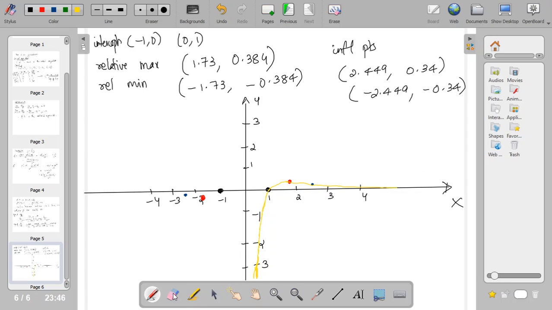Okay, draw it as if it is going to touch the axis. So this is the portion of the curve on the right side, and again you want the behavior on the left side.